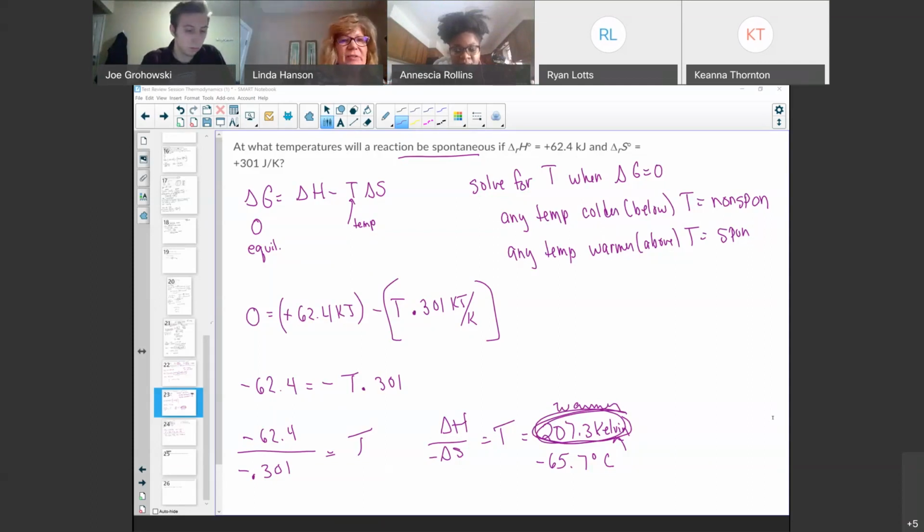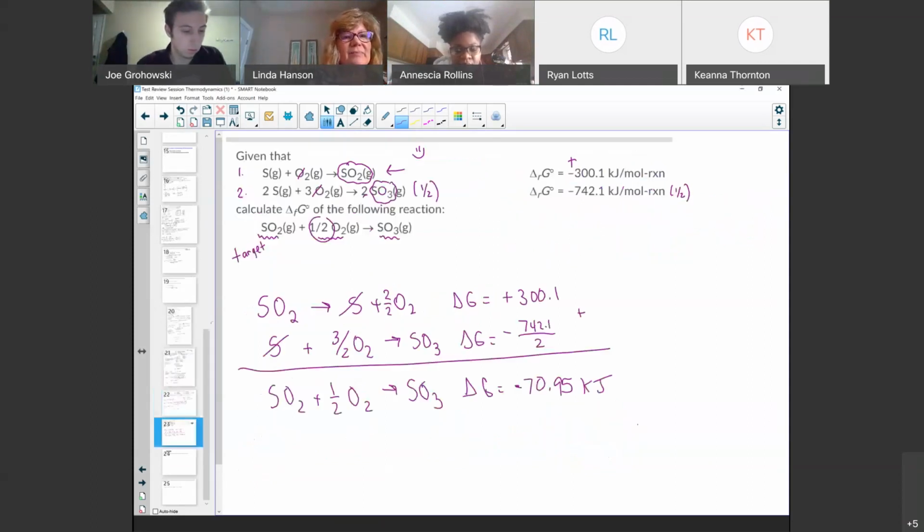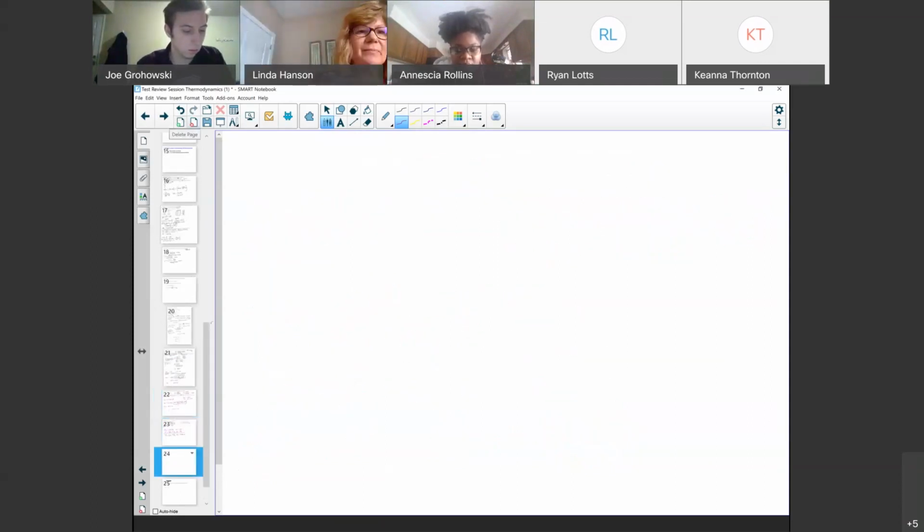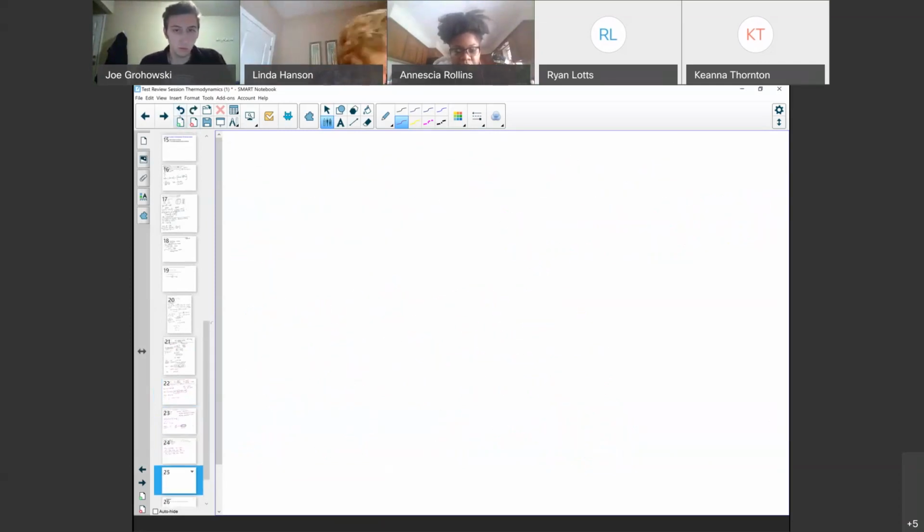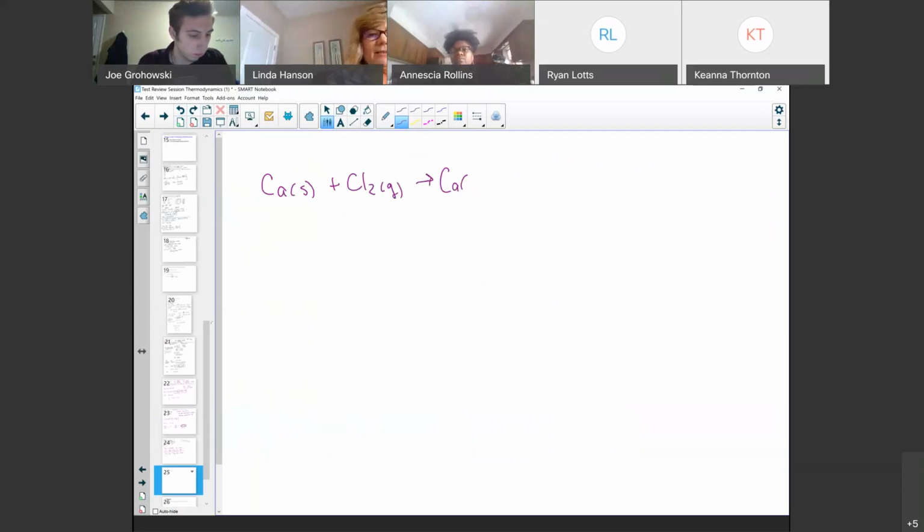So I'm going to just make a new slide and write down some data. Here's an equation that gives us calcium as a solid reacting with gaseous chlorine, and it's pointing at calcium chloride, which is a solid phase. And it says, tell me the delta G at 100 degrees Celsius.